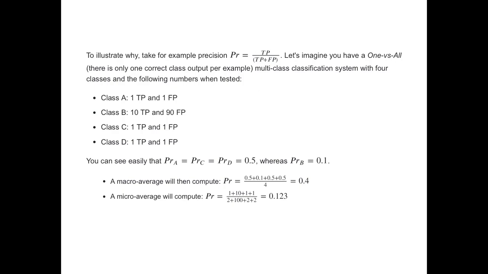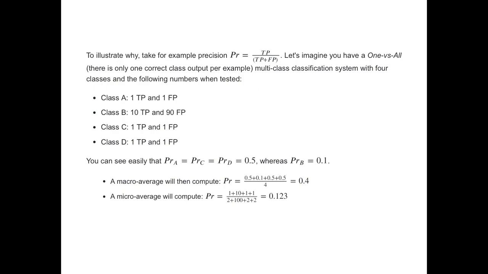And when we build the one versus all classifiers for classes A, C, and D, we have one true positive and one false positive, okay? So the number of samples that we are working with for classes A, C, and D is much lower than for class B. For class B, we got 10 true positives and 90 false positives. And so you can see that the precision for A, C, and D is 0.5. It's quite high, whereas the precision for B is much lower.